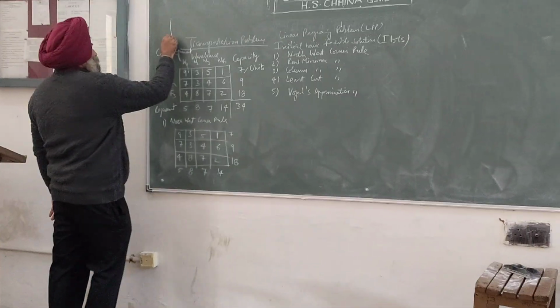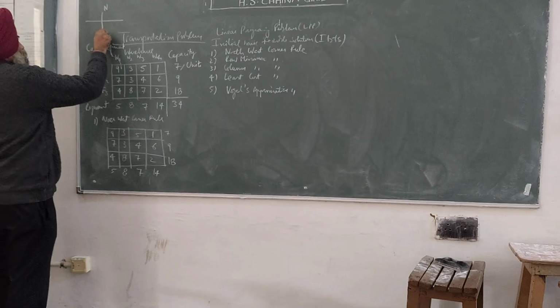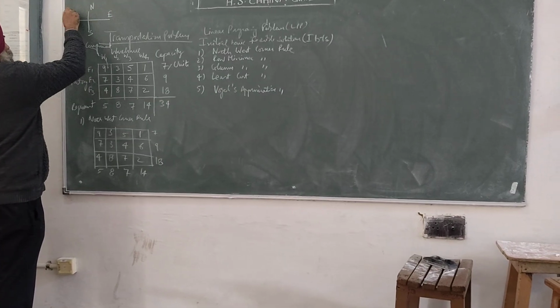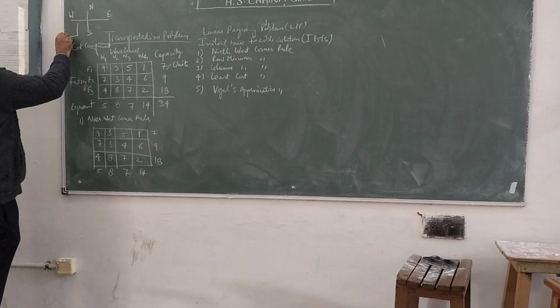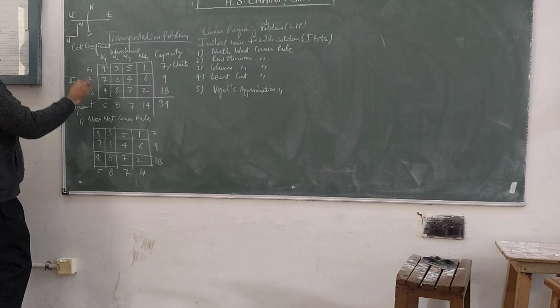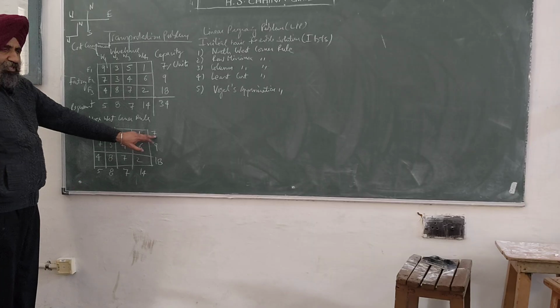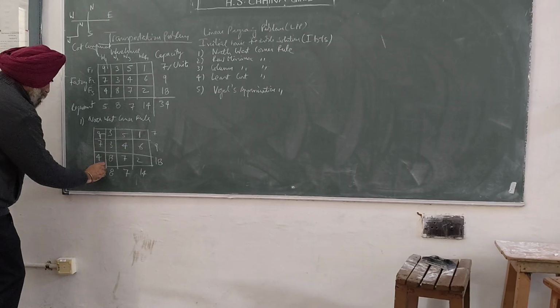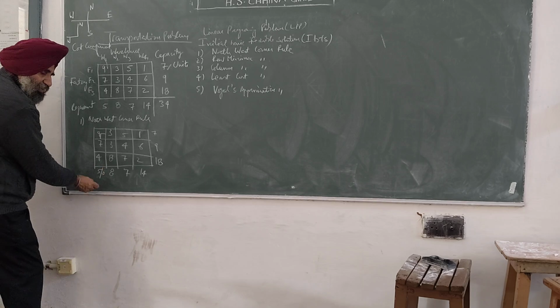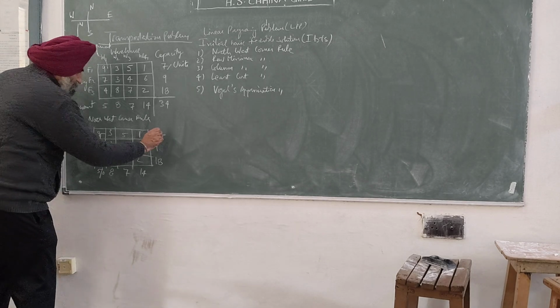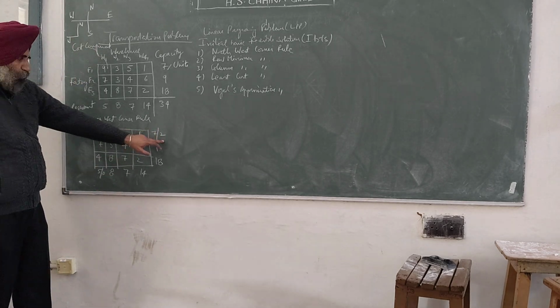Now what is the northwest corner rule? This is north, south, east, west, so this one is called northwest. The maximum allocation which can be made is 5, against 7. If I take the difference, 7 minus 5 is 2 left.